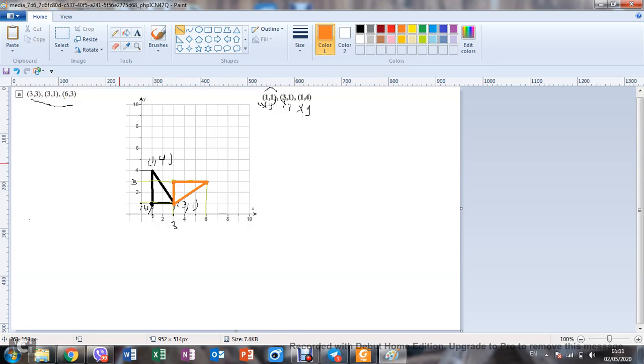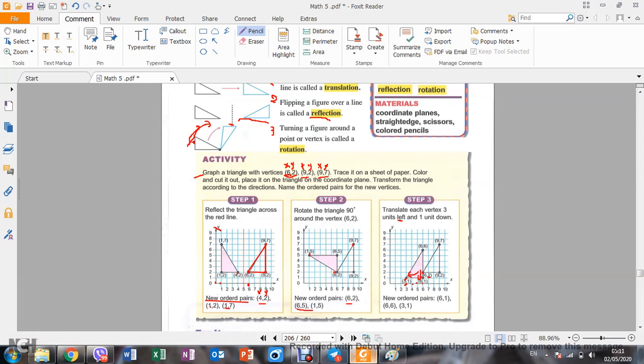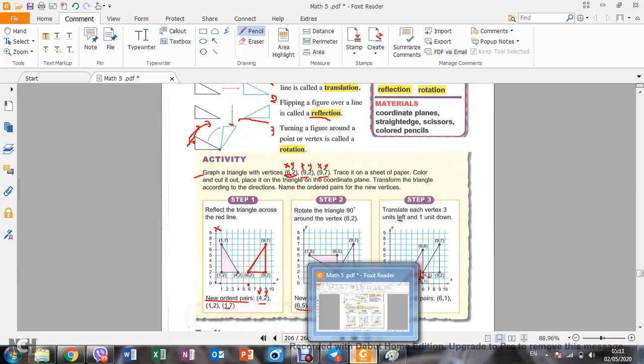Do you understand? If I gave you an exam like this, I give you these two pairs and you should tell me which type of transformation: translation, reflection, or rotation. So this one is called what? Rotation.